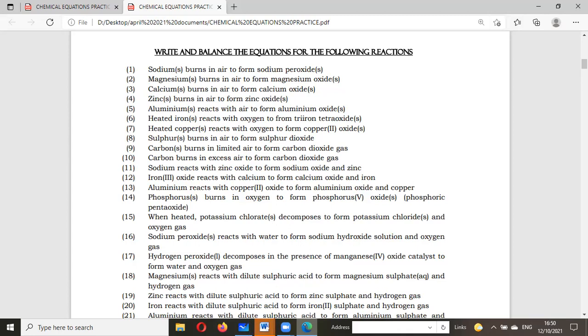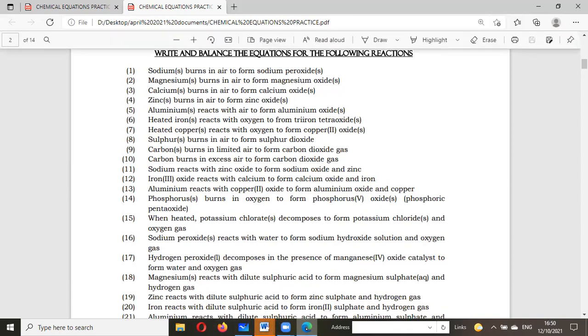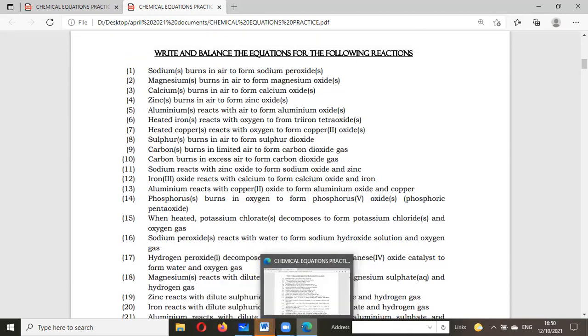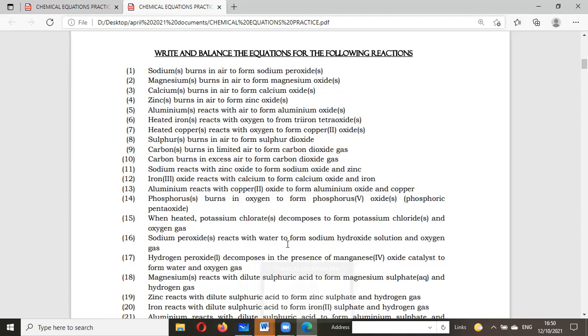It says magnesium burns in air to form magnesium oxide. So try that one for me.